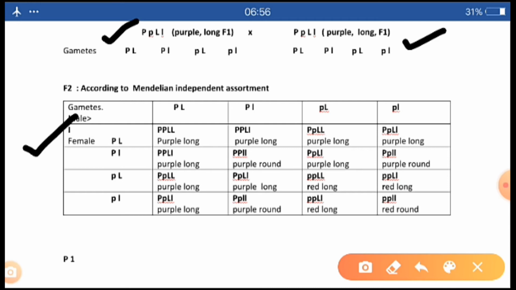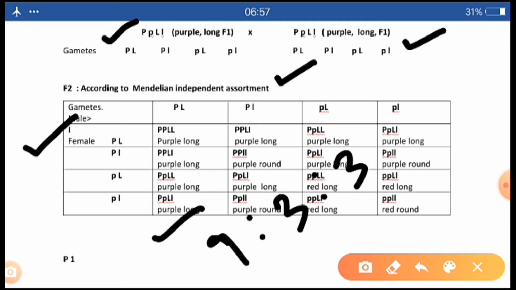According to Mendelian independent assortment, it is like this, and it will follow the 9:3:3:1 ratio. This is the conventional process.